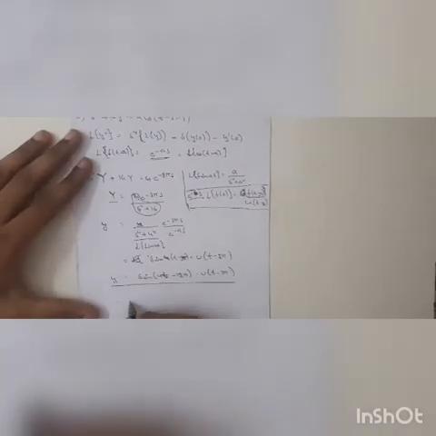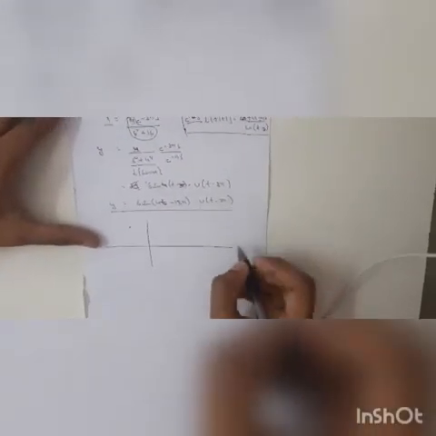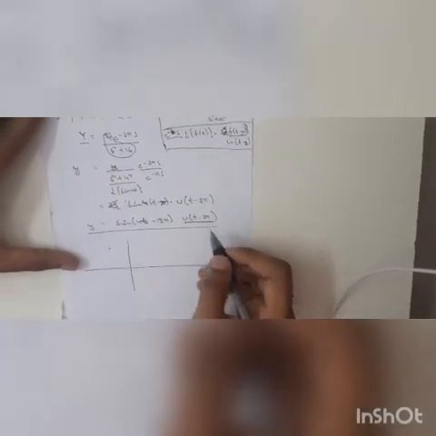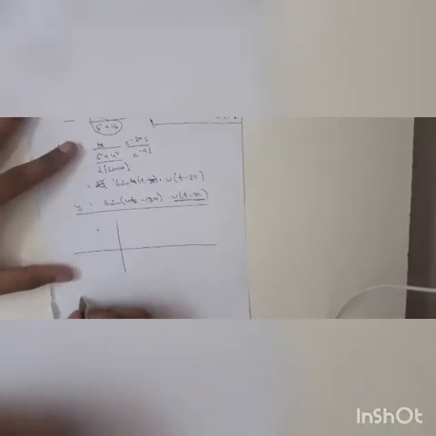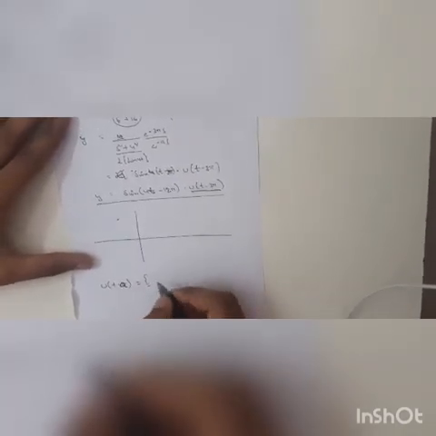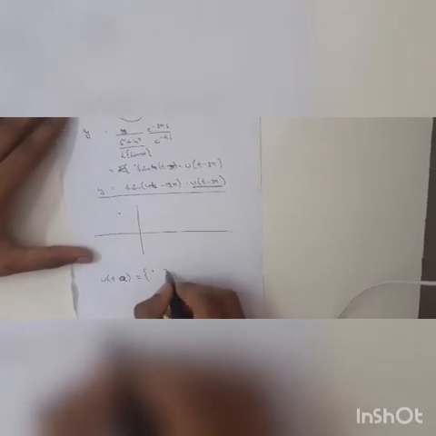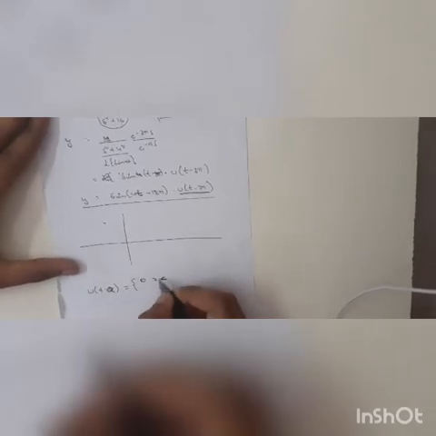Let me draw the graph here. So this is the unit step function. Let me define what a unit step function u of t minus a is. U of t minus a is 0 when t is less than a, and 1 when t is greater than or equal to a.